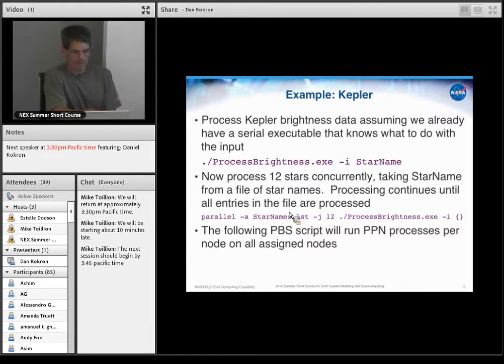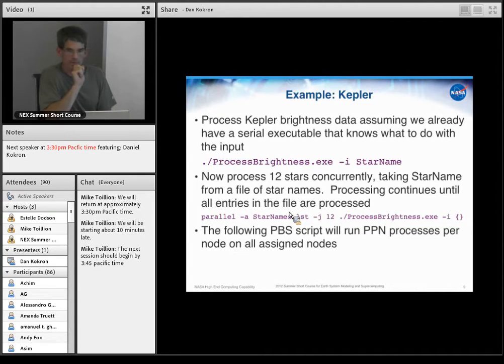The -j tells parallel to launch at most 12 processes at a time. And here we give it the executable name, and then the curly braces on the end are going to be filled in with the star names from the list. Now it will continue processing every star name in the list until they're all done.